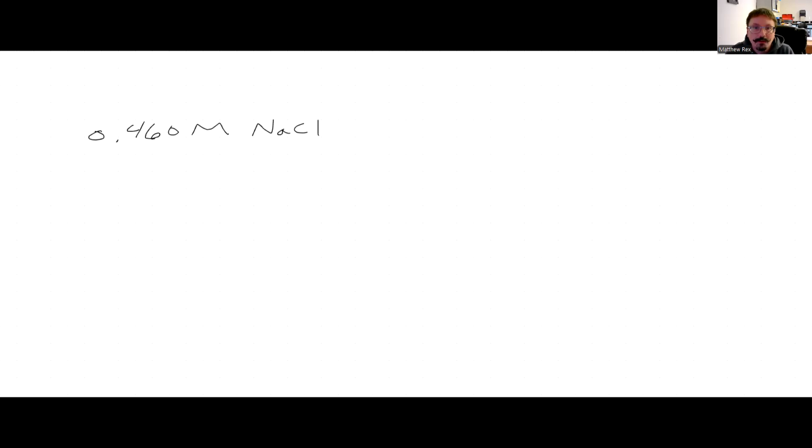It's at 55 degrees C, and our Van't Hoff factor is 1.9. So our osmotic pressure is going to be equal to the molarity times the gas constant times the temperature.